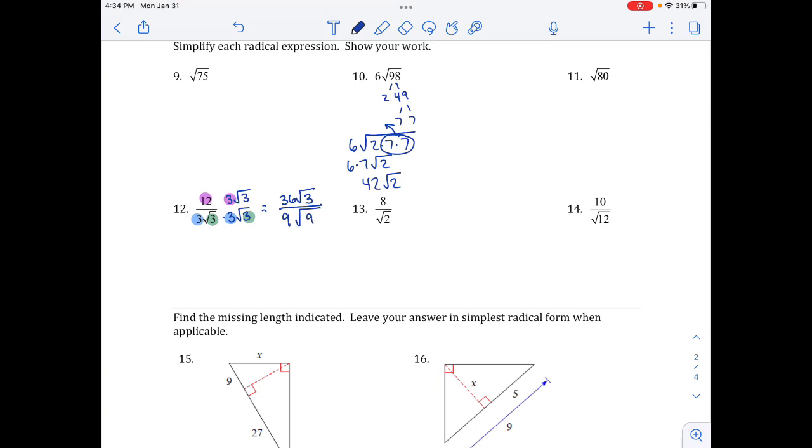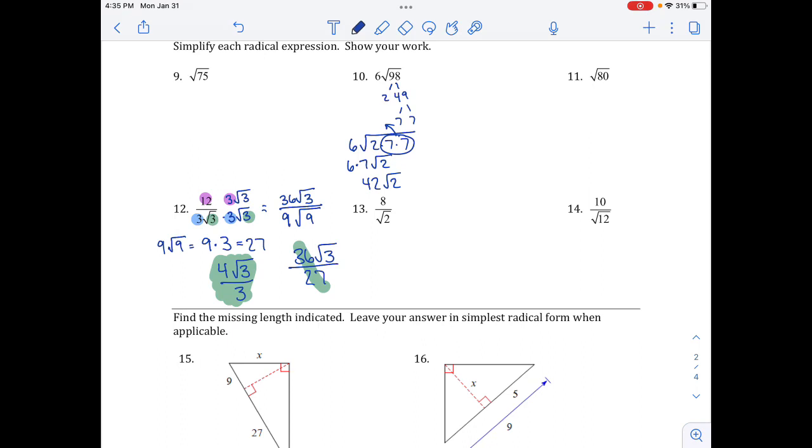The thing is, root 9 is actually the same as just 3. So this is equal to 9 times 3, which is 27. And then we want to check if these diagonals reduce. And they do. So we actually end up getting 4 root 3 divided by 3, because you can divide 36 and 27 both by 9.